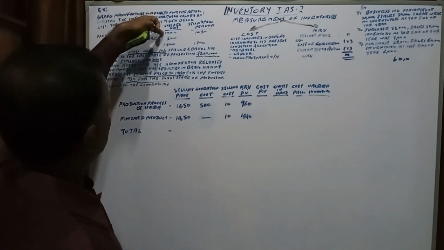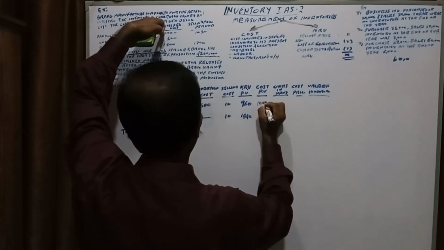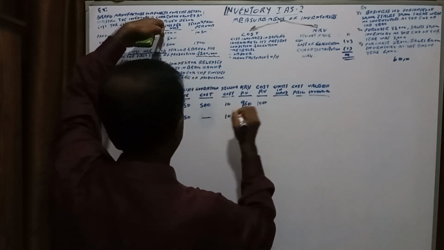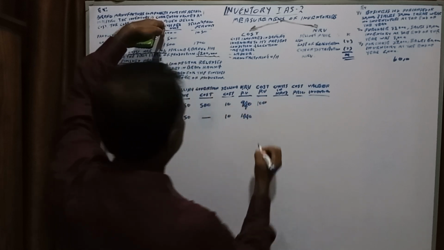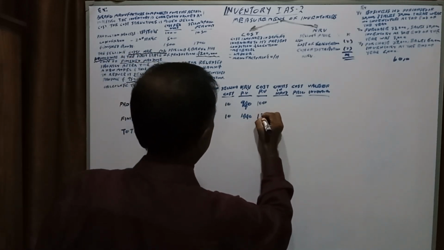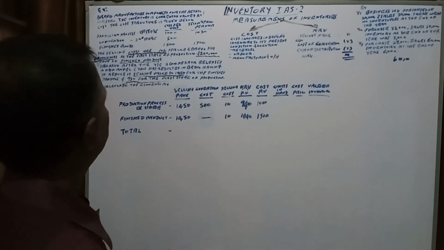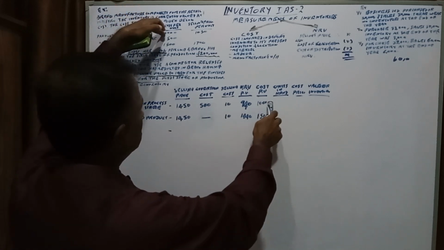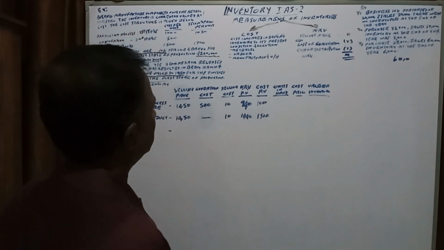Cost per unit at the beginning is 1000, and here 1500. They have given in the question stage 1 at 1000 and finished product at 1500.